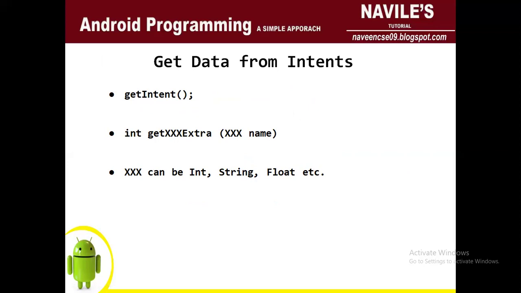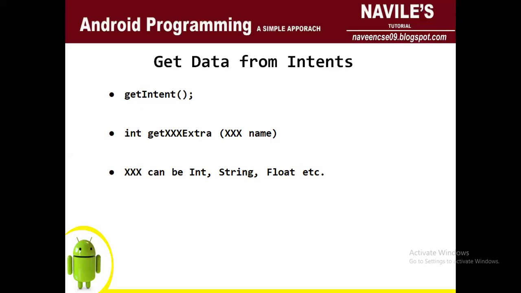From the retrieved intent, we have the method getXXXExtra with XXX name, where XXX can be replaced by int, string, float, etc. If the data we are retrieving is an integer, we replace XXX by int, which becomes getIntExtra, int name. If the data is a string, the method is called getStringExtra, string name, and so on.